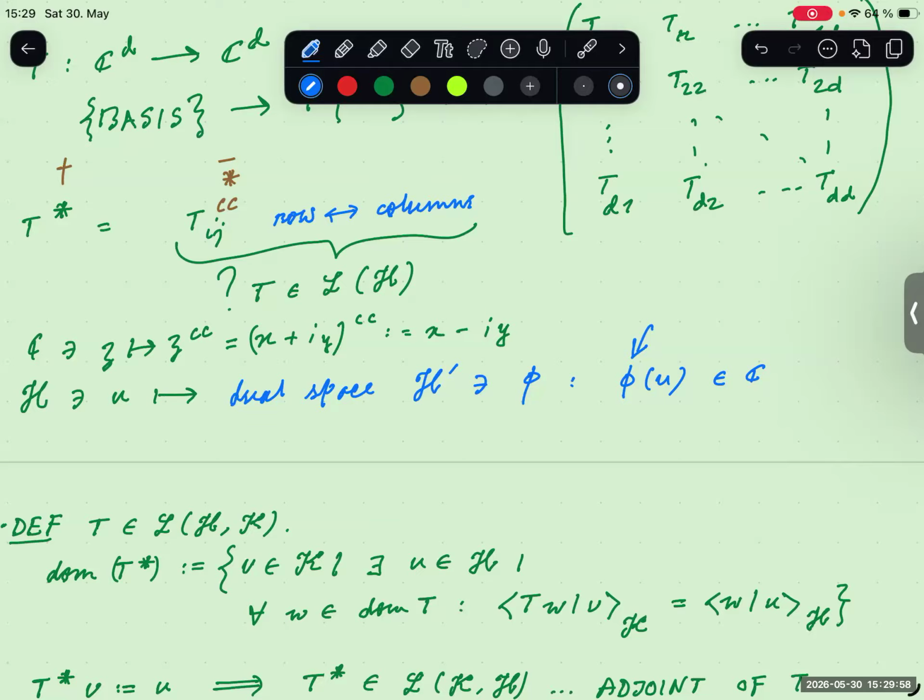So now let's check. Say this is true. Say this is complex conjugation. Right, so this is our working definition. This is complex conjugation of u. Okay, good.